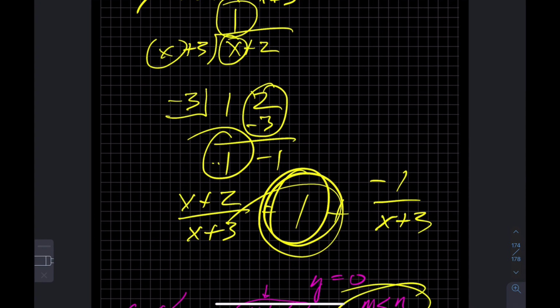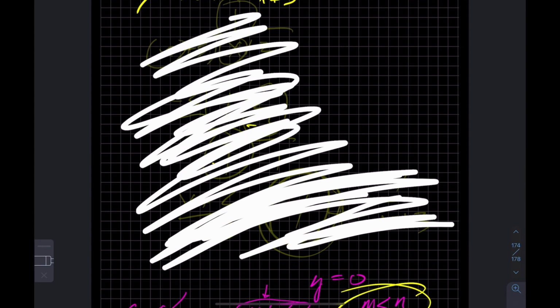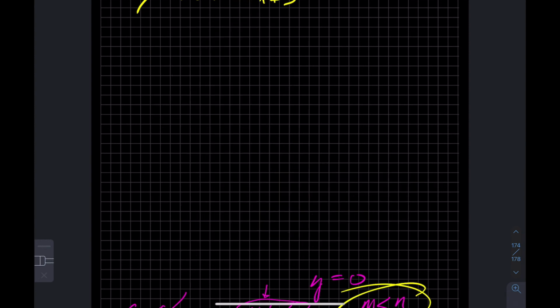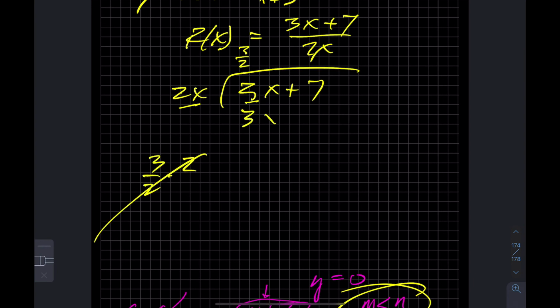If I have a different function, let's say 3 something over 2 something, like I did before, 3 halves, let's prove that it comes out to be 3 halves. So if I have a rational function that is 3x plus 7 over 2x, let's take 3x plus 7, divide it by 2x. What do I have to multiply this 2x by to make it 3x? Well, it turns out to be 3 halves. 3 halves times 2x is equal to 3x.